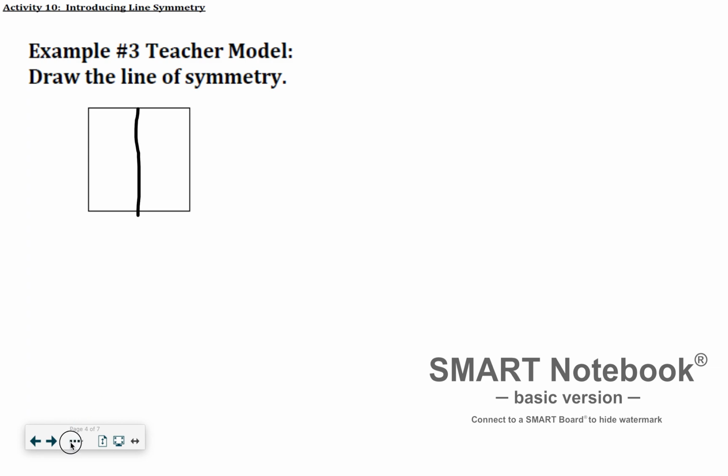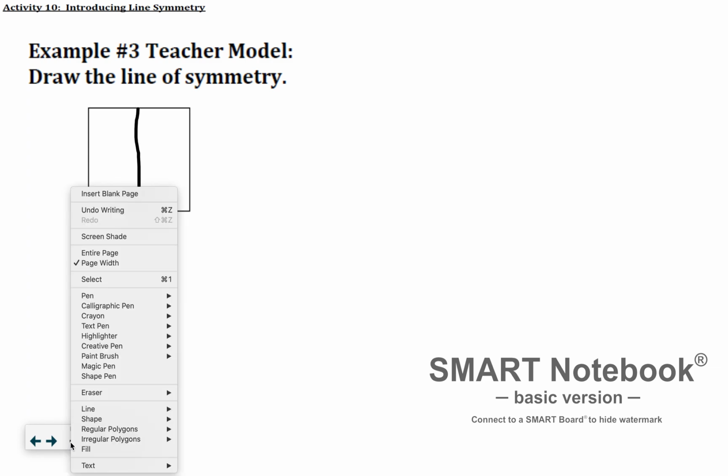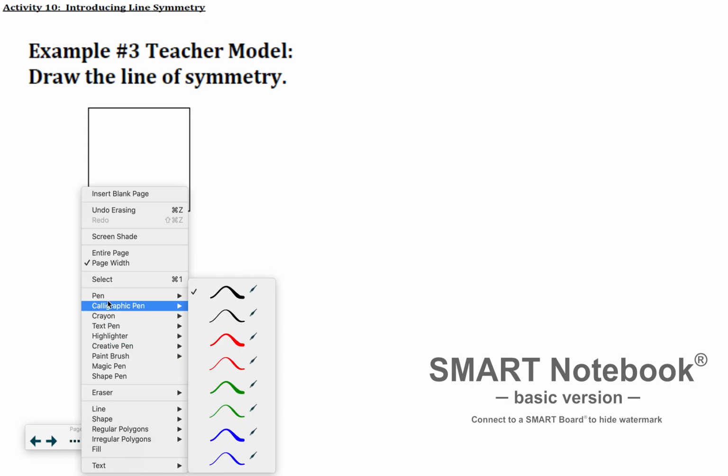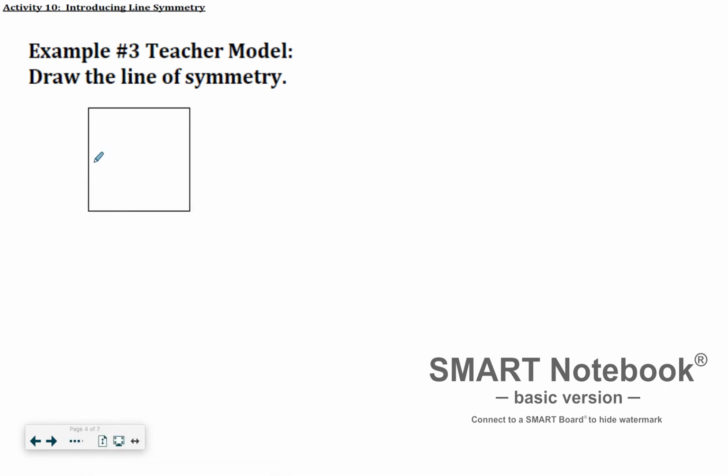Now remember, there could be more than one way to show a line of symmetry. And I will show you how to do this with the same figure. So I can draw a line vertically and I could draw a line horizontally, the best that I can, and I'm going really slow. All right, so if I fold along that line, I can create two matching parts within that figure.